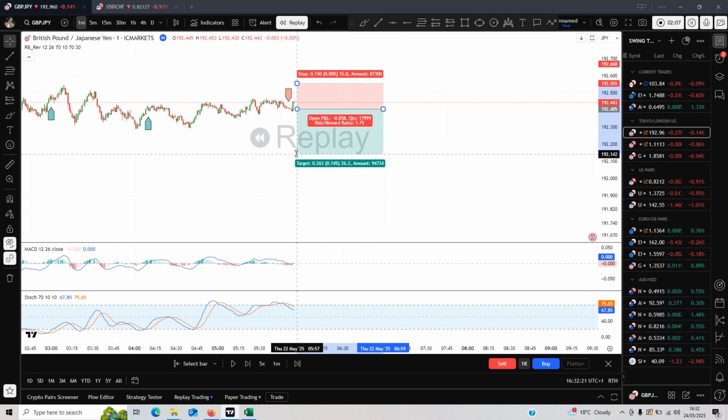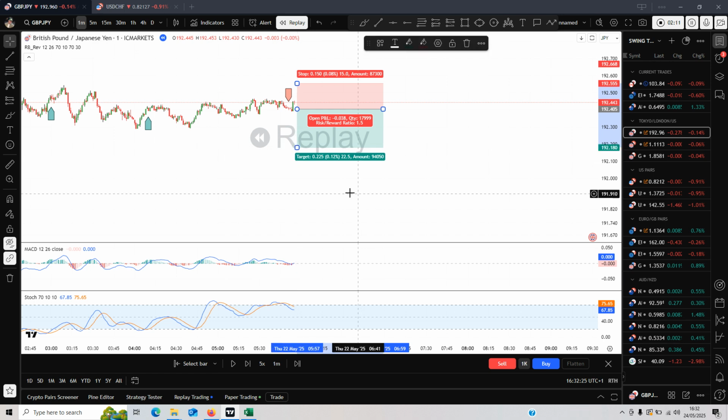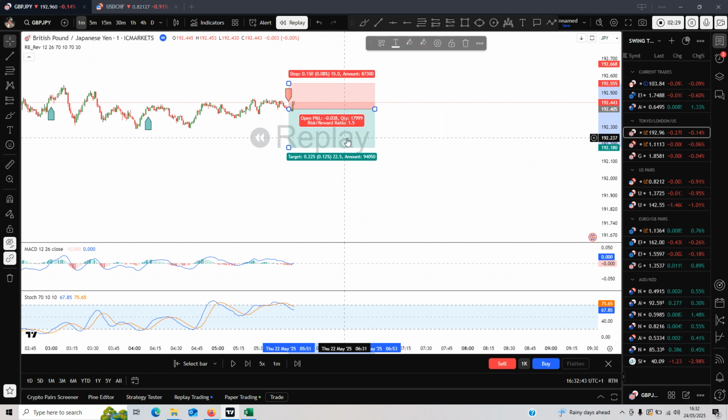But I probably wouldn't take this trade, because it doesn't look right to me. It hasn't crossed fully over. This has already crossed over. So I'm not looking to take this trade, but we'll see what it pans out at.